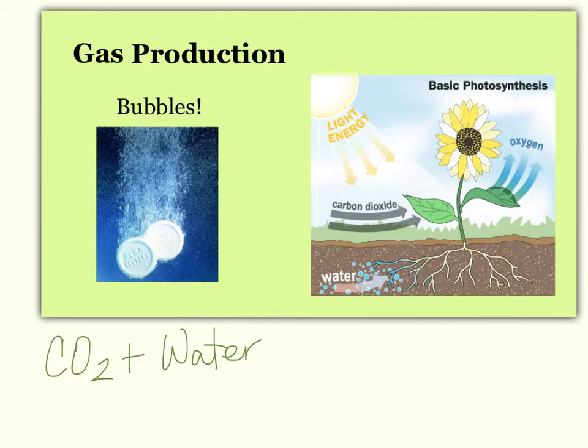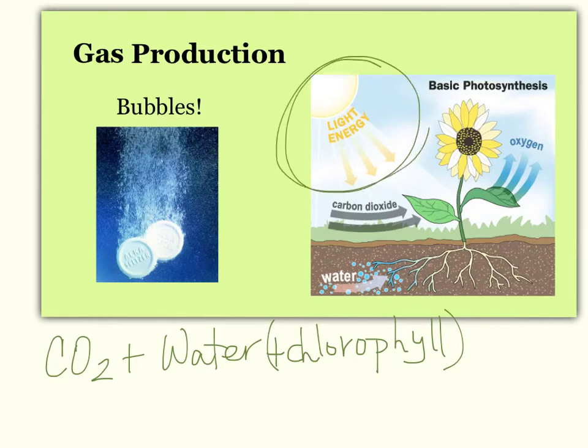And then the chlorophyll has to be there. The chlorophyll in plants, which is what gives them their green color, is able to trap light energy from the sun. This is the fuel, if you will, that runs the process of photosynthesis.